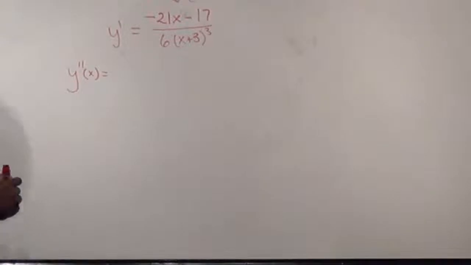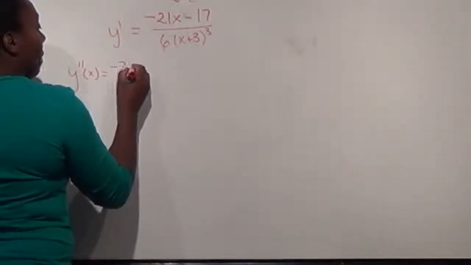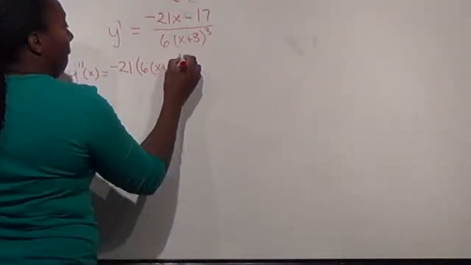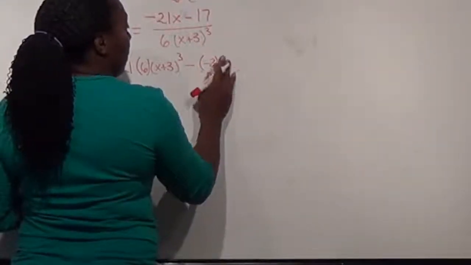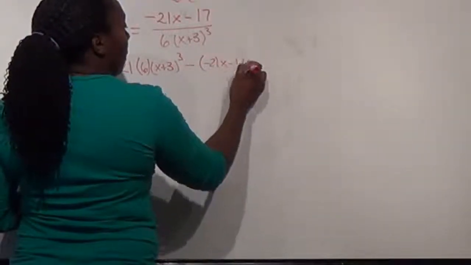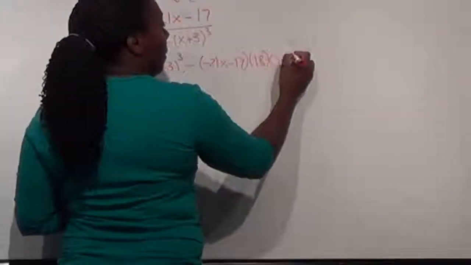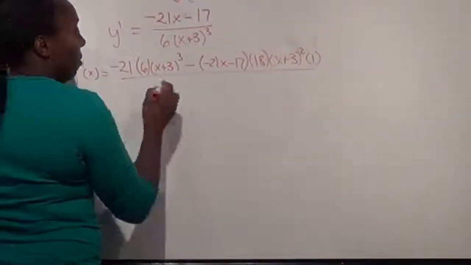Okay, so y double prime, same thing, it's going to be another quotient and chain. So the derivative of the top times the bottom, minus the top times the derivative of the bottom, all over the bottom squared.